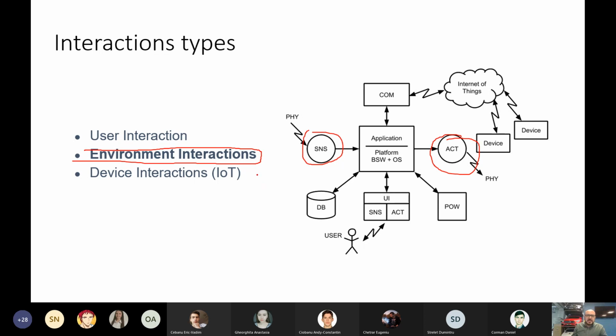Last time we discussed user interaction, and user interaction is usually built on special sensors and actuators that are adapted to human behavior, because it is providing us information, let's say, in text. So our sensor can read text.